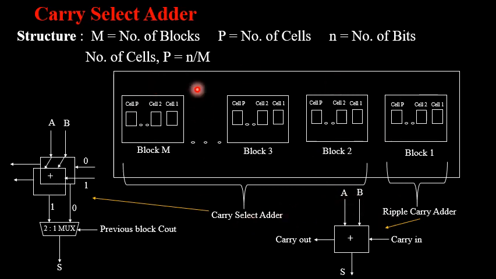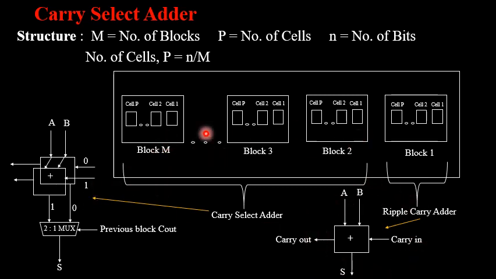So in this slide you have to remember that whenever a carry select adder is asked, whatever may be the number of blocks I am going to obtain, in that always the first block is reserved for a ripple carry adder, which is represented like this depending upon how many number of cells I want. If there are 2 cells, I want 2 blocks of this kind. If there are 3 cells, I want 3 blocks of this kind.